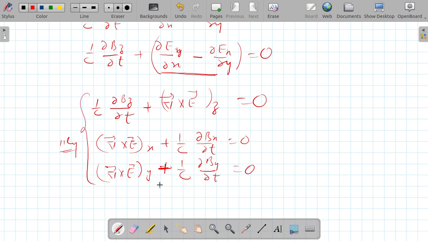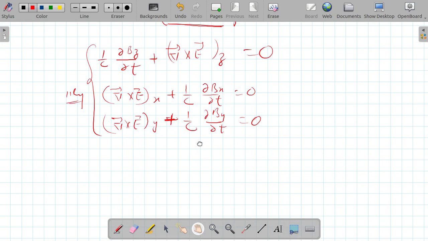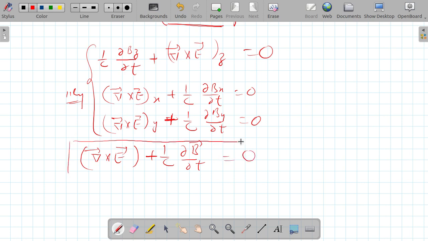If we club all these relations together, this leads to the expression del cross E plus (1/c) ∂B/∂t equals 0. So this is also a Maxwell's equation.